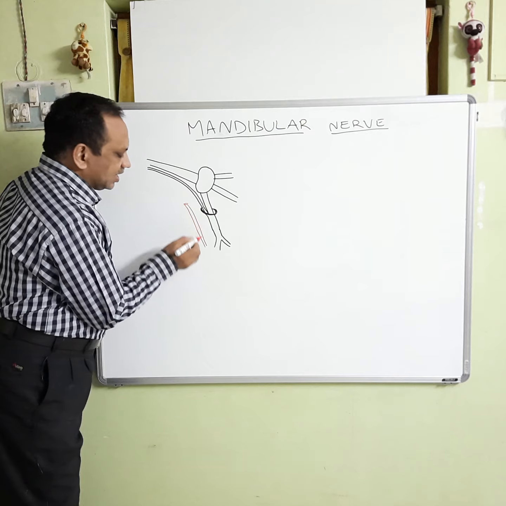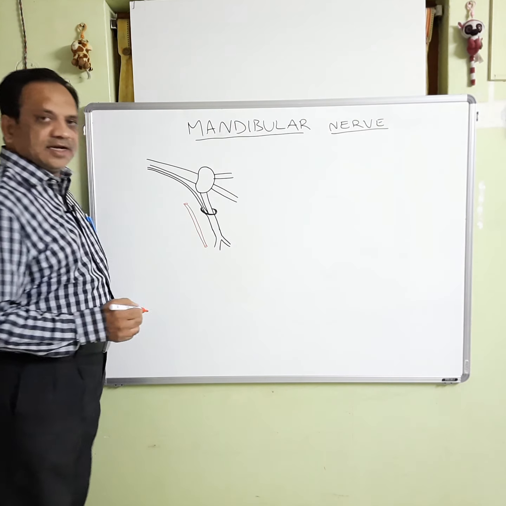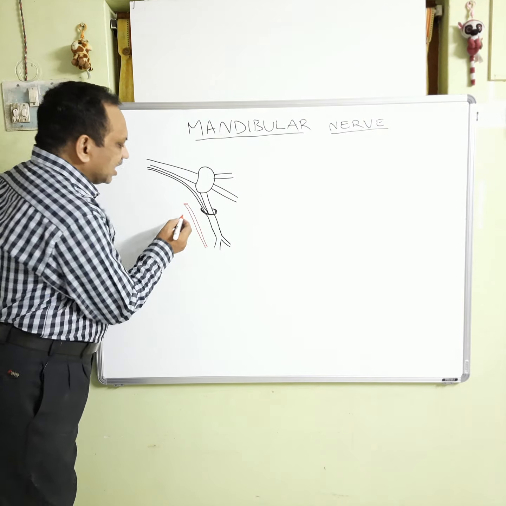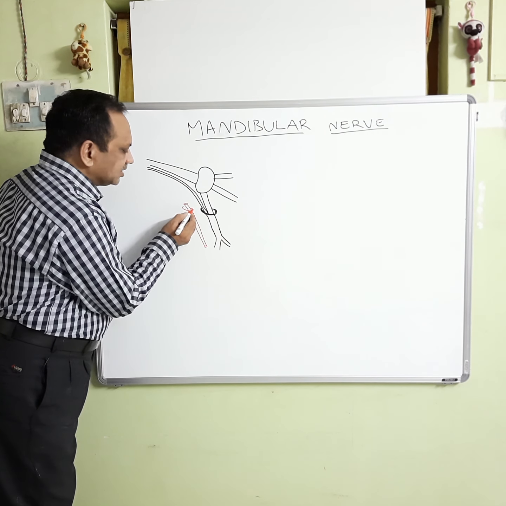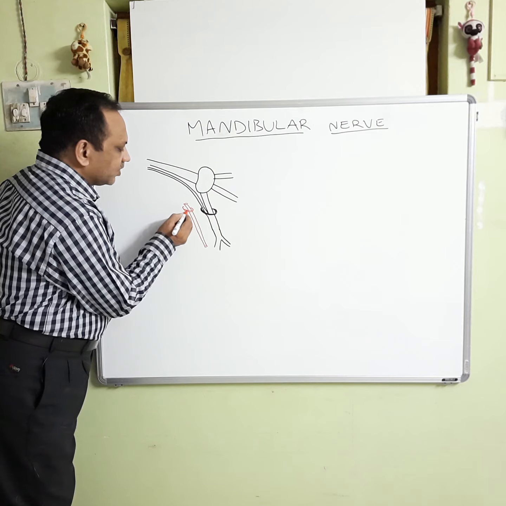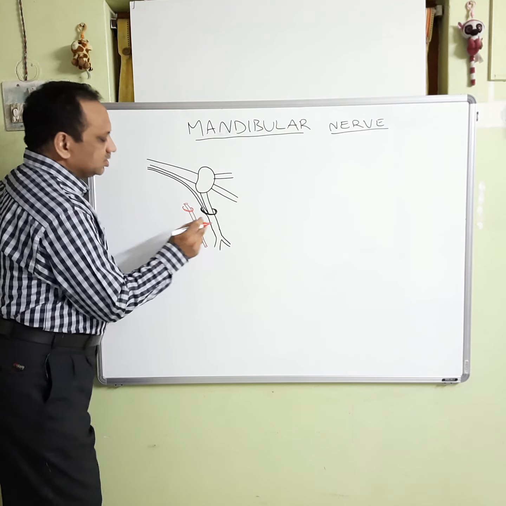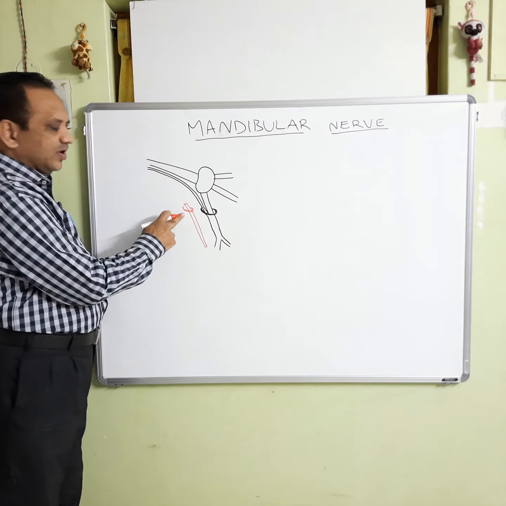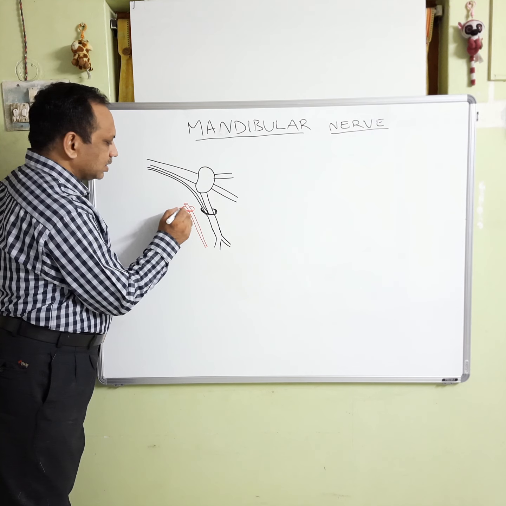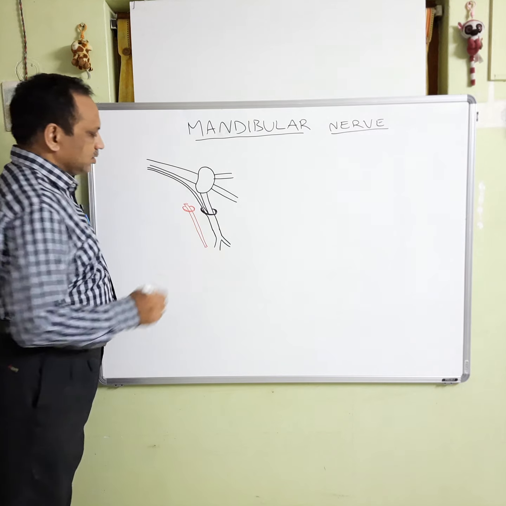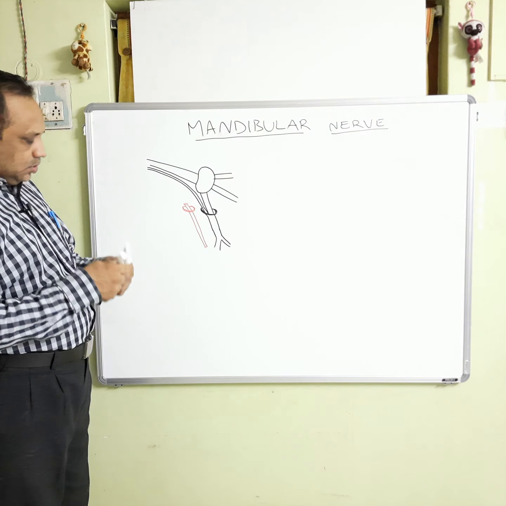The middle meningeal artery is a branch of the maxillary artery which enters the middle cranial fossa through the foramen spinosum. So this is the foramen ovale and this is the foramen spinosum.